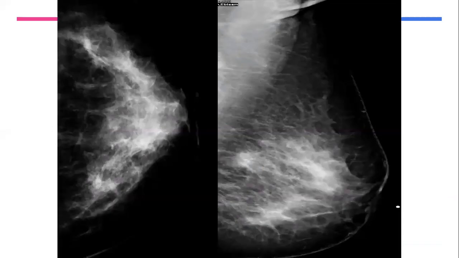Let us see other factors. Can you appreciate any abnormality in this image? Yes, it is really subtle. But with spot magnification, definitely you could appreciate the segmental pleomorphic calcification in a case of DCIS.